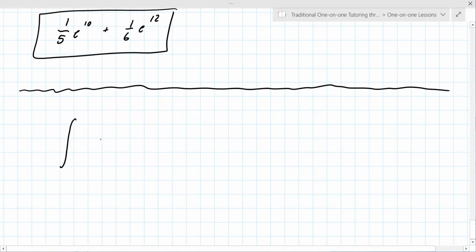Okay, so let's say I wanted you to find the integral of x squared times 4x minus 7x cubed dx from 0 to 1.